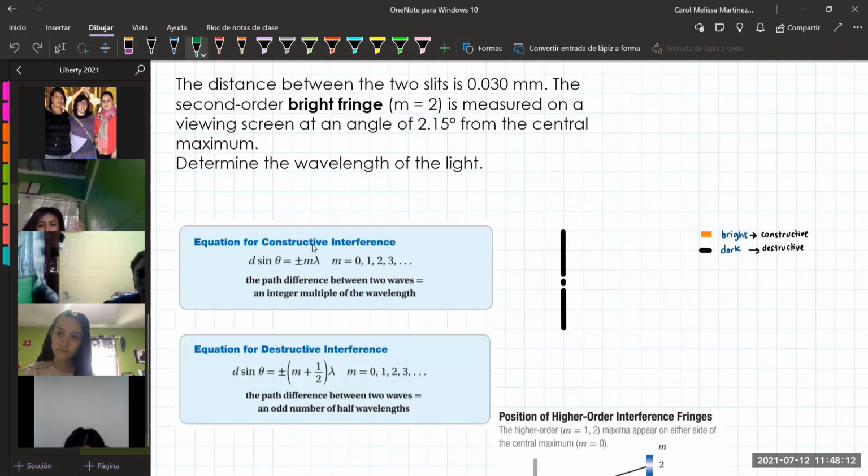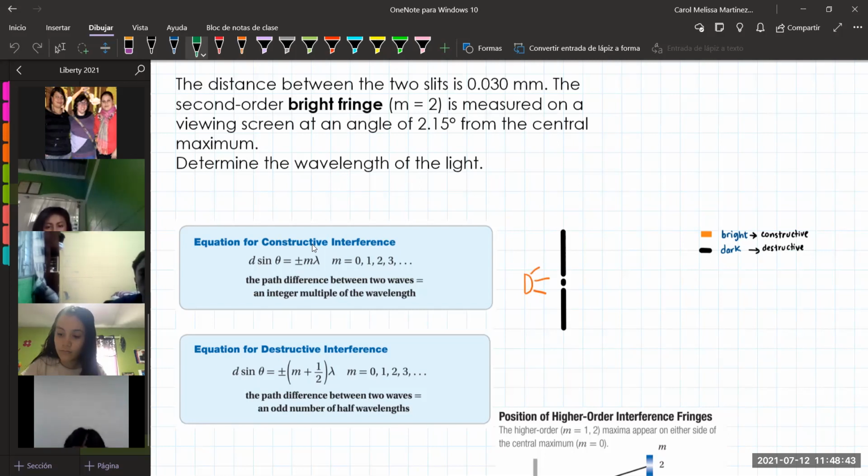So take a look at the example that I will sketch. We are here in this part, and let's say that this is my light source.